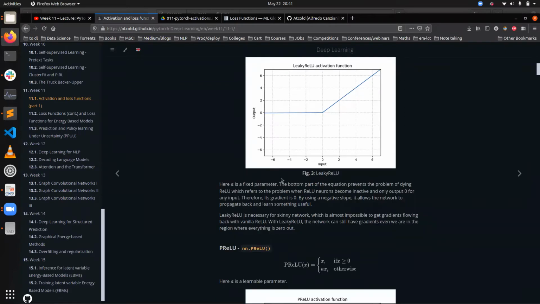Apparently this is not much of a problem when your network is large, when there are many layers. So leaky ReLU is necessary for skinny networks when it's impossible to get gradients flowing with a normal ReLU. Like I said, the gradients can still flow even when everything is zeroed out because of negative values.